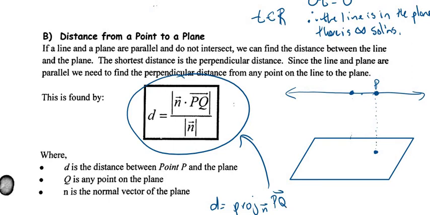And for this one, we're going to have our point P on our line, or outside the plane, and we're going to have some point Q on our plane. It could be over here, maybe. Actually, scratch that. Say it's this one here, Q.